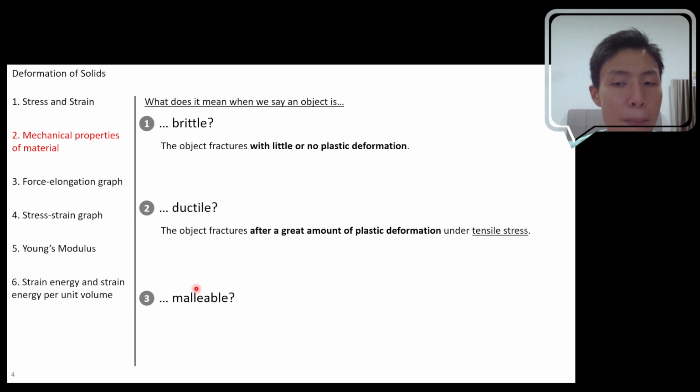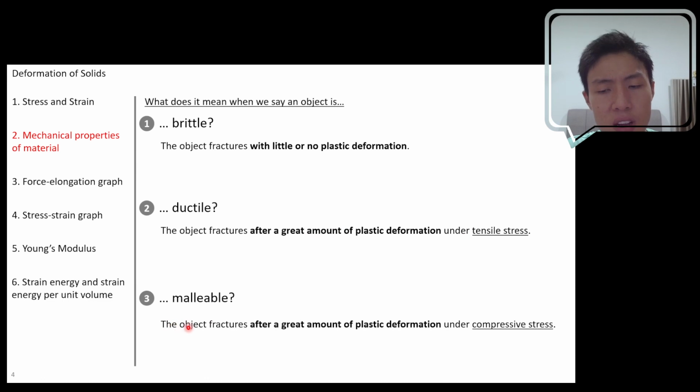And lastly, malleable. Malleable is sort of the opposite side of ductile. It's not that it's little deformation, but it's for compressive stress. If we say an object is malleable, it means that the object fractures after a great amount of plastic deformation under compressive stress. You press on it, continue to compress even more, permanent deformation, and after a great change of its length, only then will it break.